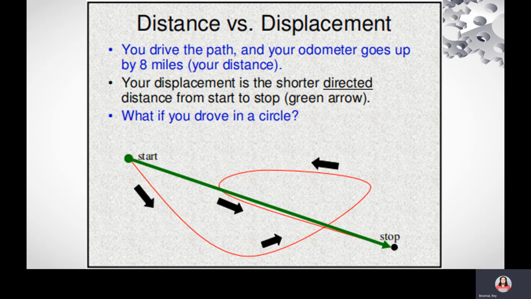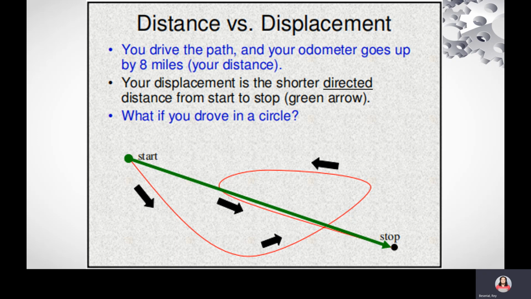So, dito, ma-visualize ninyo ano ang pinagkaibahan ng ating distance versus displacement. So, example, you drive the path and your odometer goes up by 8 miles. Ito yung distance mo. So, ito yung total distance traveled mo. Pero yung displacement is the shorter directed distance from the start to stop. So, ito yung ating start and then ito yung ating stop.